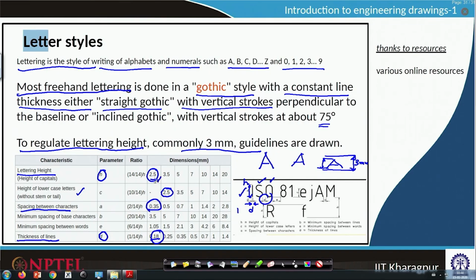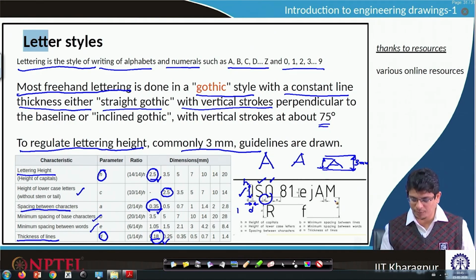If we are using 2.5 millimeters height and 0.18 millimeters thickness, then the gap between letters is supposed to be 0.35 millimeters. And there are other varieties like minimum spacing of base characters and minimum spacing between words, which are also mentioned. So, with that kind of lettering style, we can go ahead and draw sketches and represent them.